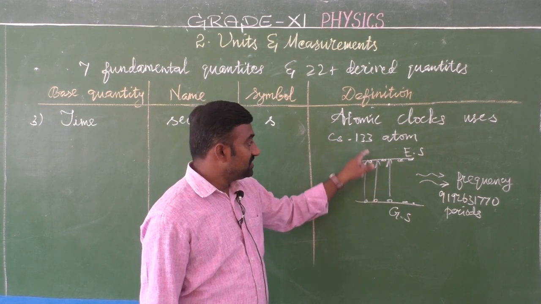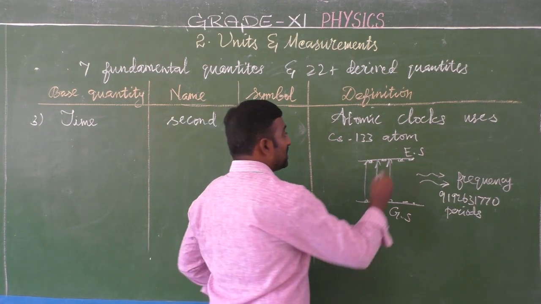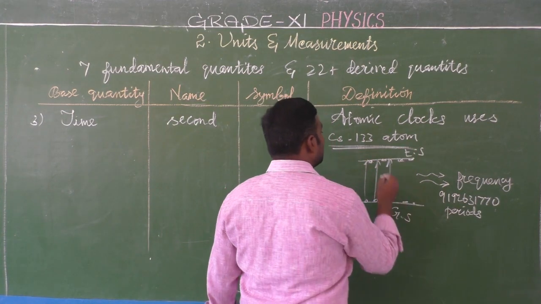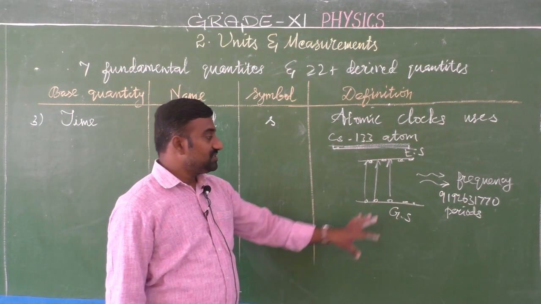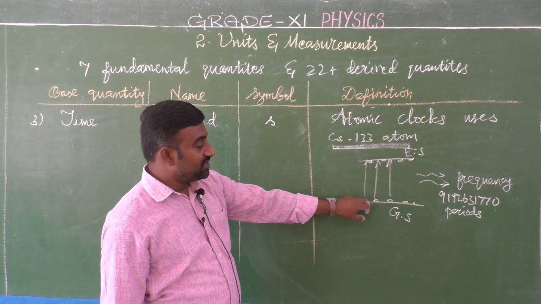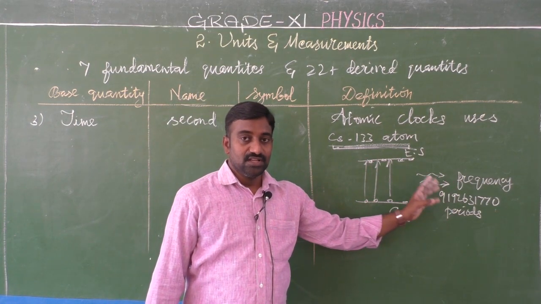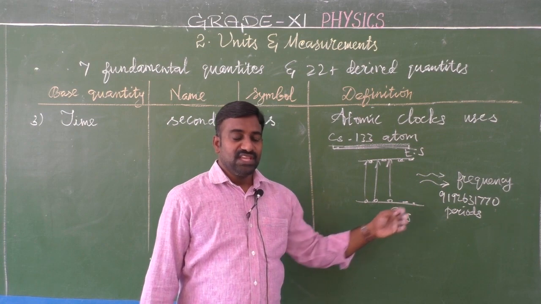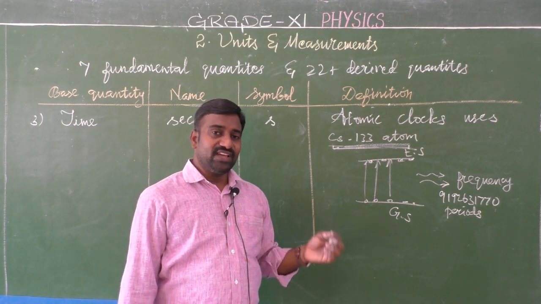Cesium atom. The transition of two hyperfine levels of cesium atoms, because atomic clocks use cesium 133 atoms. The energy level difference between the two hyperfine levels gives an emitted frequency with this many periods, so it has greater accuracy. Even less than a nanosecond, it has only a small error.